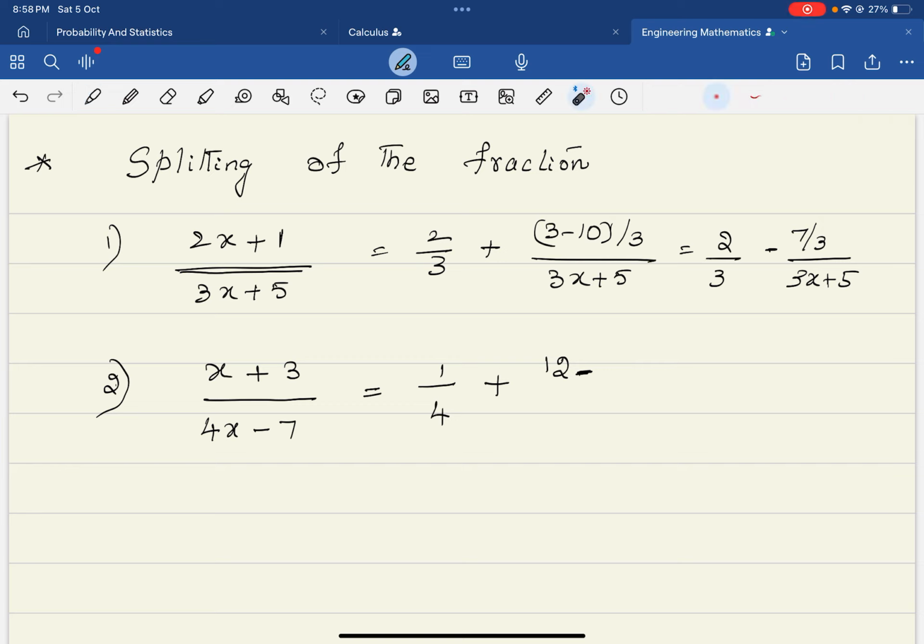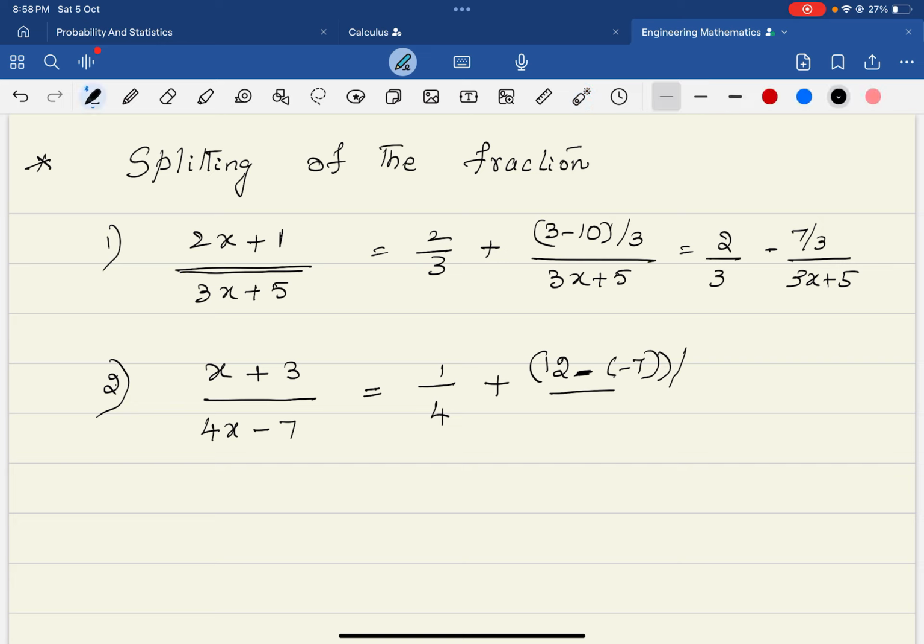Okay. Now what we have to do? This x coefficient into minus 7. So that is 1 into minus 7, which is minus 7. So we put minus 7. Please understand, there is always a minus, and whatever you are getting here, that you have to write over this whole thing divided by this coefficient. What is the denominator?